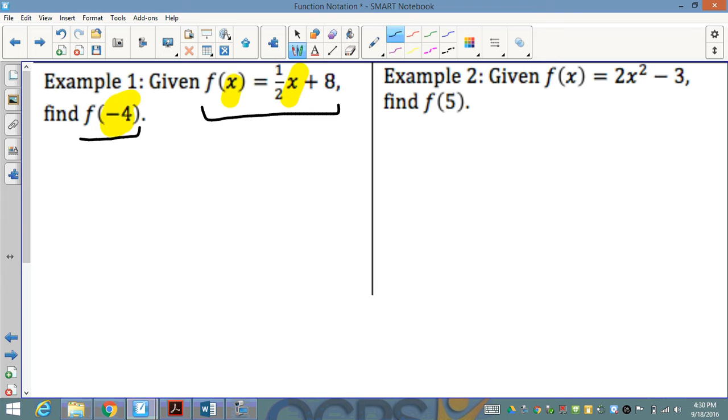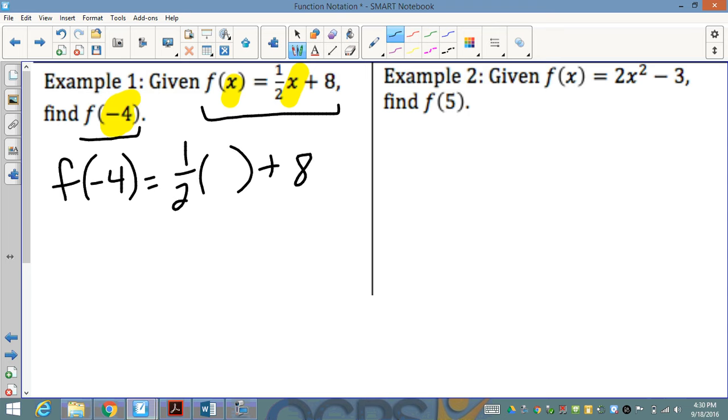And I know there's a fraction, and I know that kind of freaks some of you out, but it's not bad. Watch. Everywhere I see an x, I'm going to take it out, and I'm going to put in a -4. And then I'm going to evaluate. So 1/2 times -4. Guys, multiplying by 1/2 is the same as dividing by 2. So this is 4 over 2, which is 2. Signs are different, so it's going to be negative.